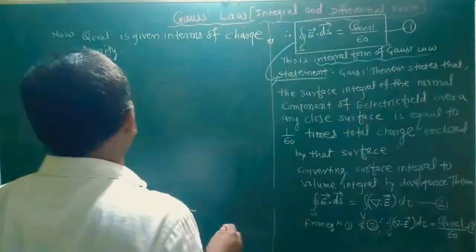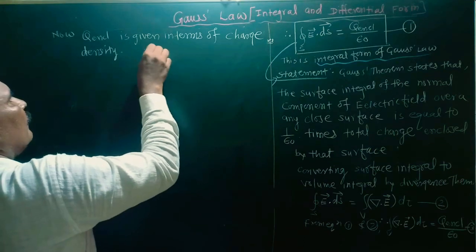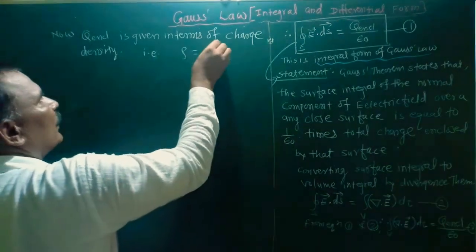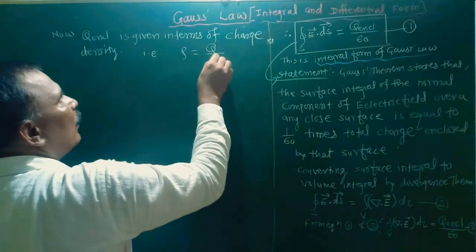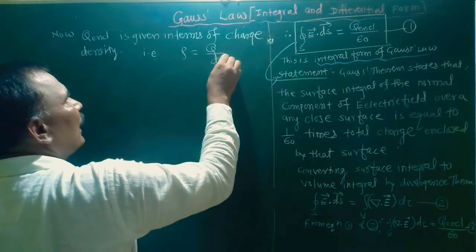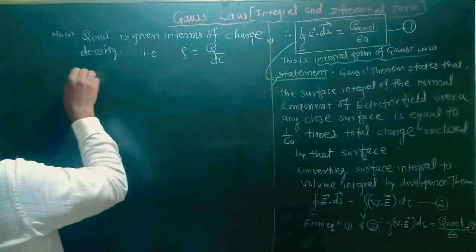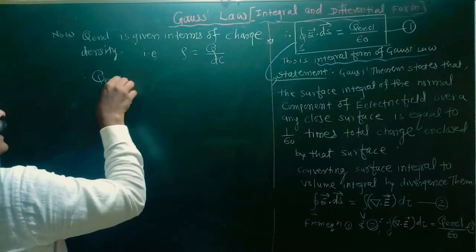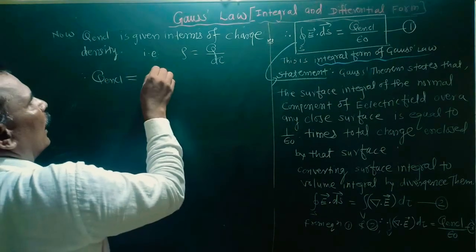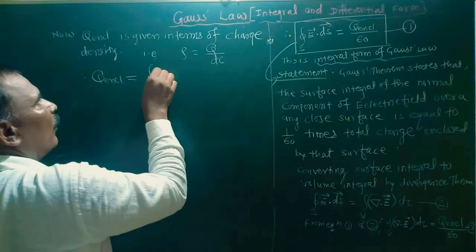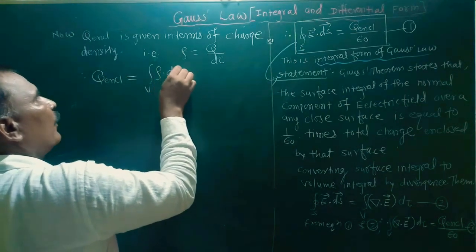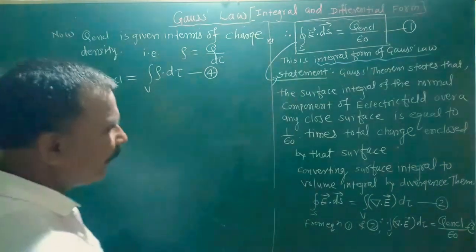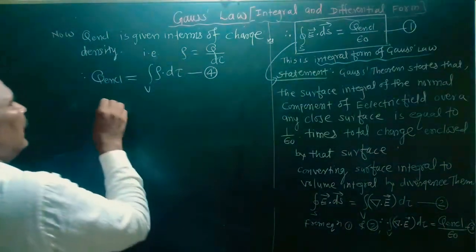Volume charge density, rho, is charge per unit volume, where volume is dτ. Therefore Q enclosed is equal to the volume integration of rho dτ, and this is equation number 4. Now put this value in equation 3.